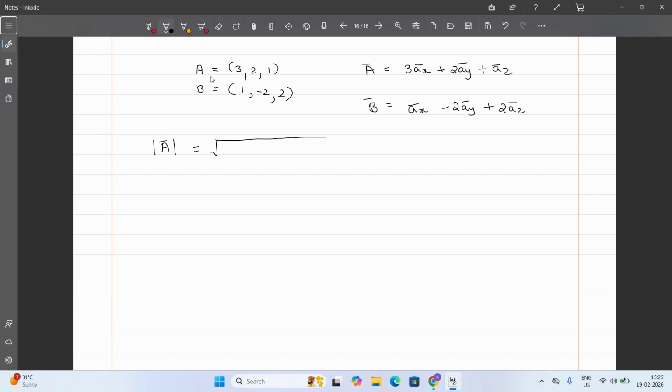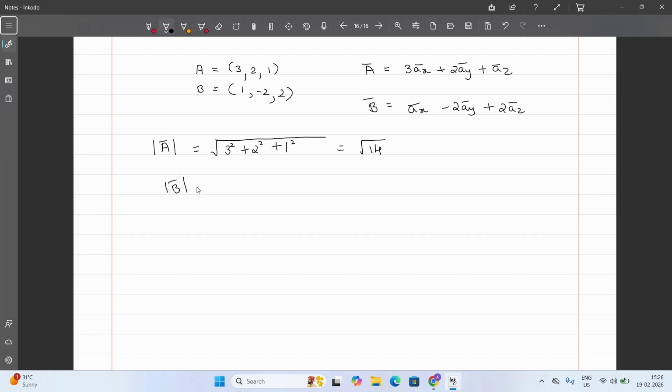So if you consider vector A, its three axis values are 3, 2, and 1. So it will be equal to the square root of 3 square plus 2 square plus 1 square. Okay. So that's nothing but root of 9 plus 4 plus 1. So it is going to be root 14. So this is the magnitude of vector A.